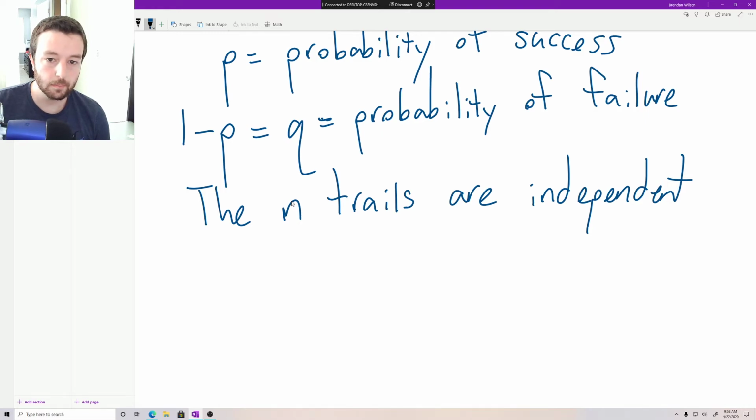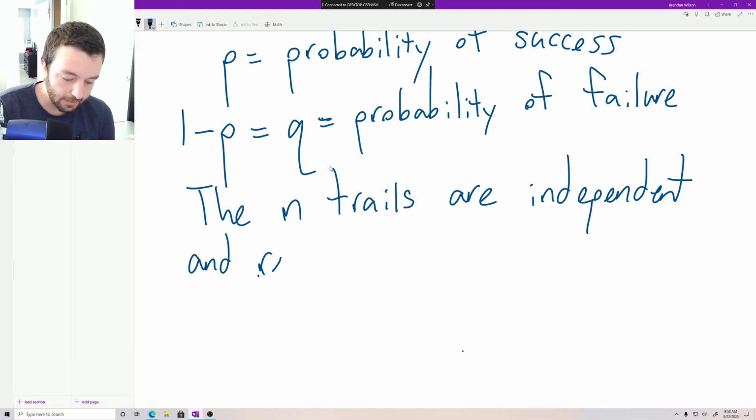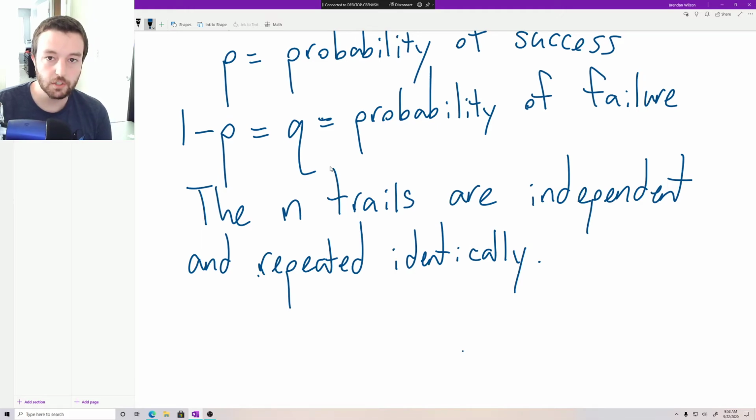So whether you get a success on one of them doesn't affect whether you get a success on the next one. Okay. They're independent and repeated identically. So there's not going to be any variations between each one.